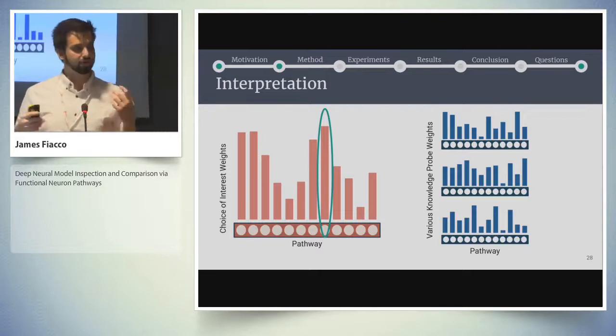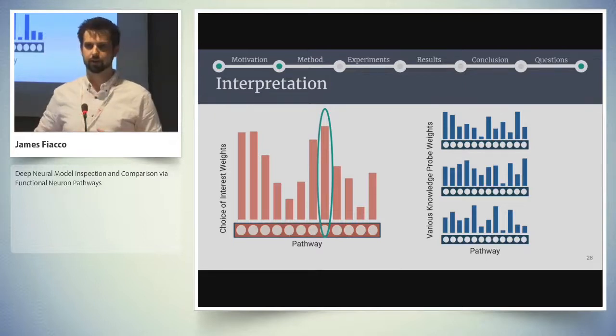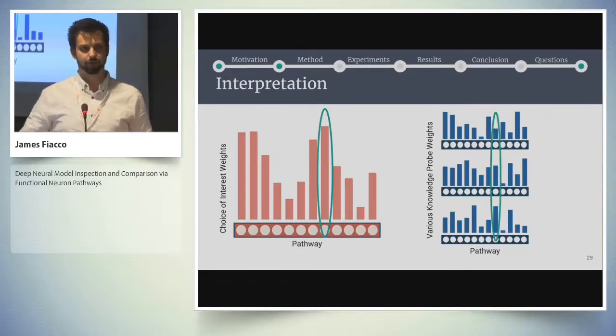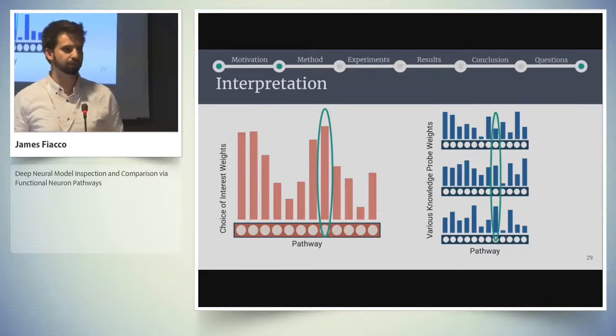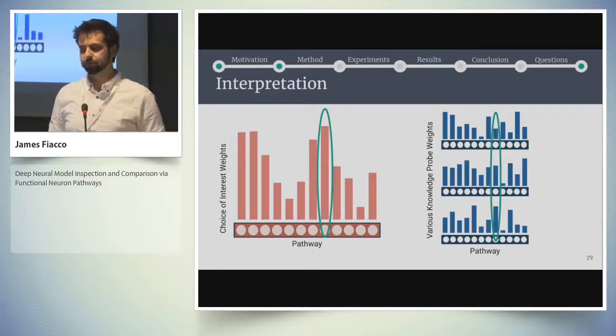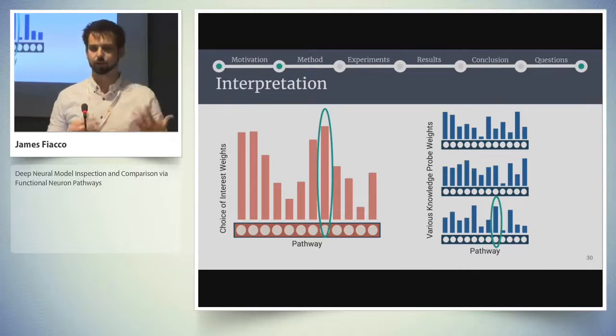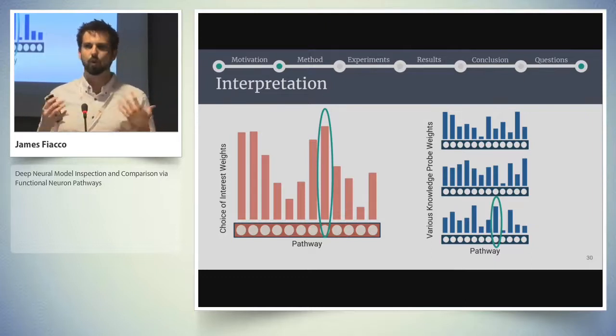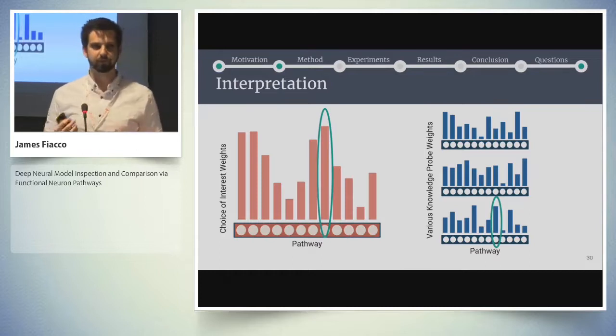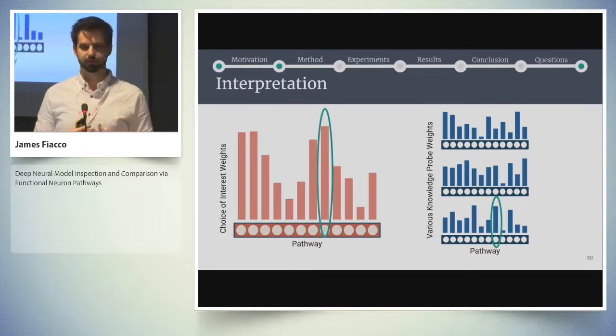And then, now that we know that pathway, we can look at the probes for the external knowledge and look at all of the weights for that pathway and all of the different probes and try to find out which piece of external knowledge is best associated with that particular pathway. What this gives us is a place to look within the network given by the pathway, because there are important neurons for that pathway. And it also gives you what you want to look for, which is represented by what external knowledge that pathway is associated with.